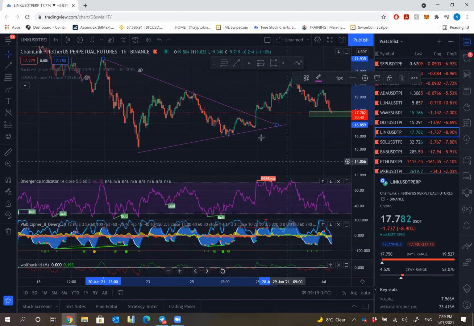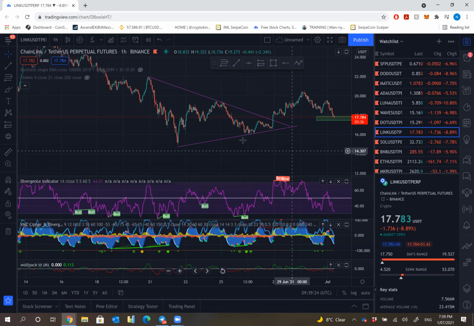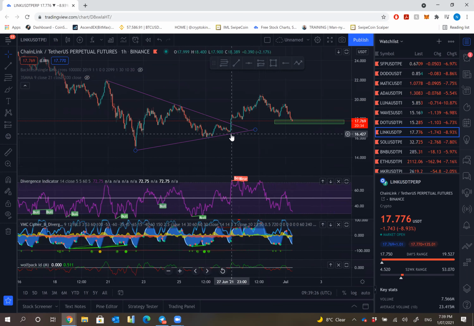So I had this playing out as a continuation pattern. I entered LINK at this point here, because I had my anchor wave, I then had my trigger wave, and I had my Wolfpack ID above 1 in the green. So for me, that was confirmation that the coin is heading upwards.